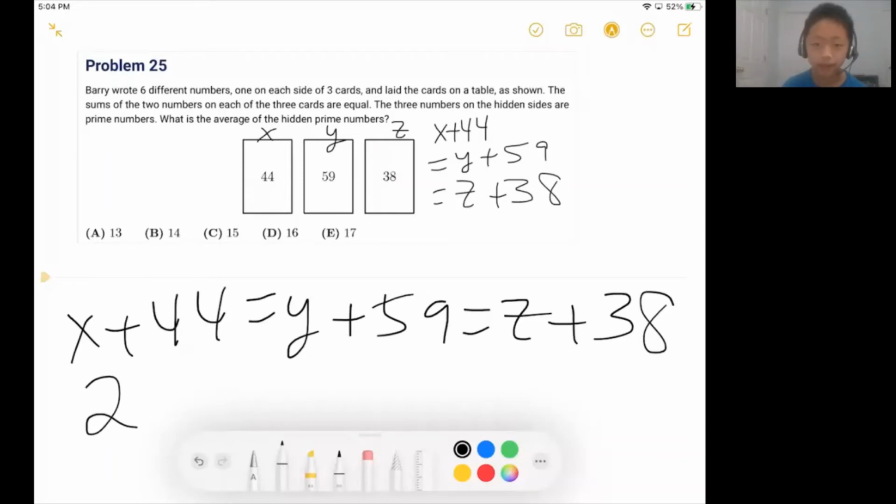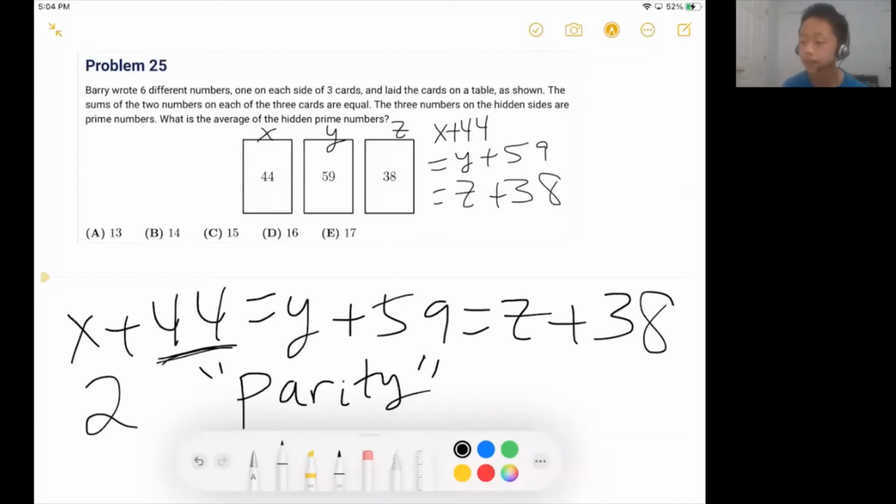And a lot of the times for questions involving prime numbers, it's a very good idea to look at something called parity. What parity means is whether or not a number is even or odd. So I can say 44 has an even parity, 59 has an odd parity. It's just a fancy word to say even or odd, basically.